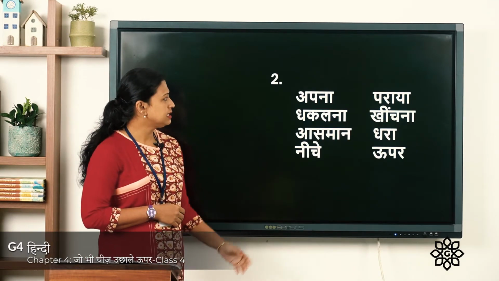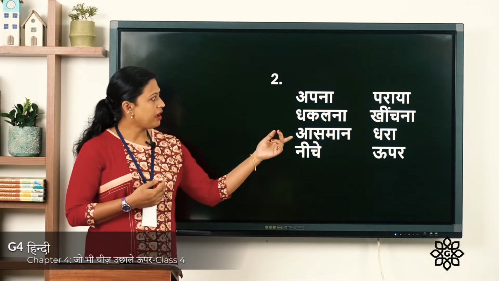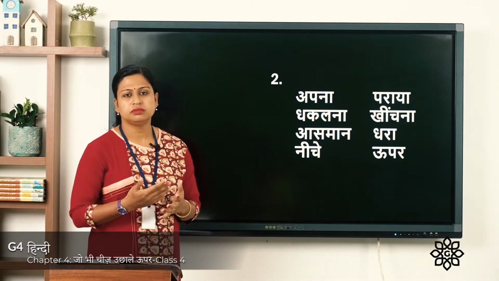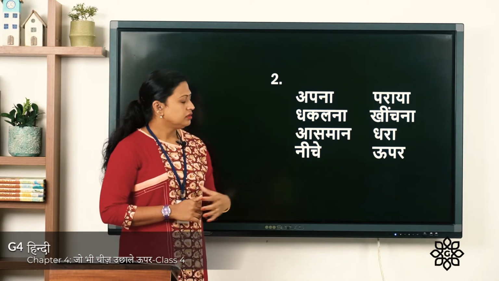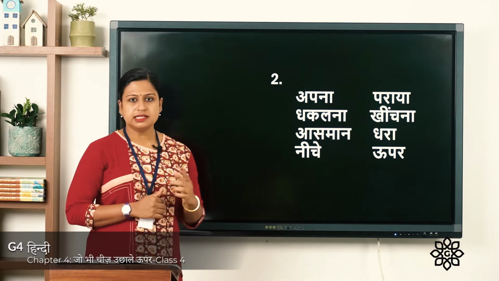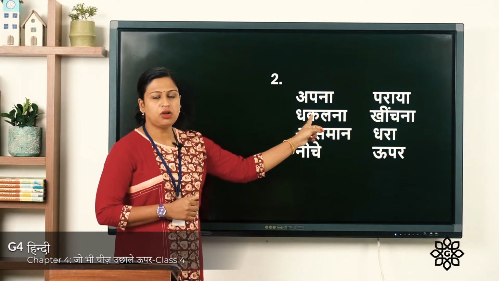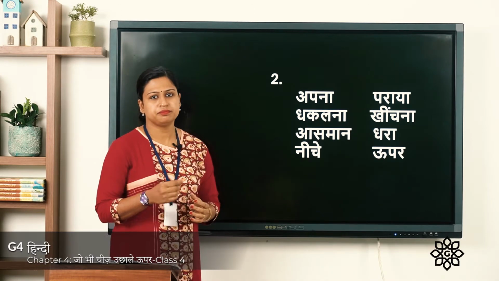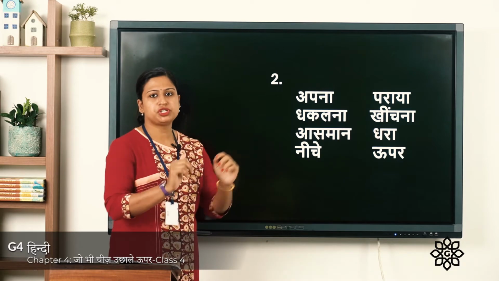The first one is apna. Apna means mine. Paraya is the opposite word. Meaning is not mine. Dhakelna. This is a small spelling mistake. There should be one A symbol on the top of ka. So please correct it. Dhakelna means to push.